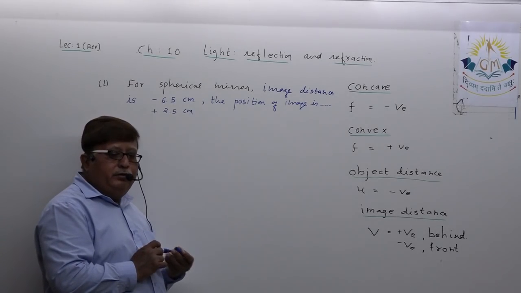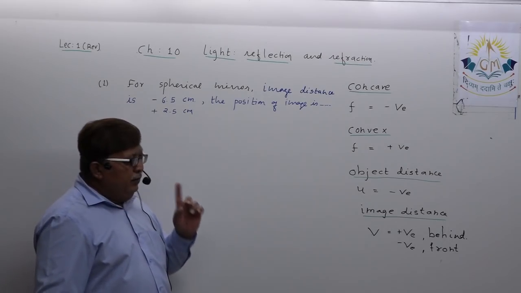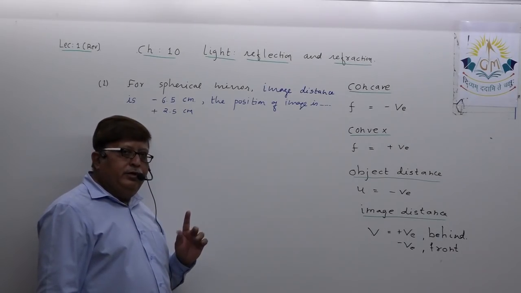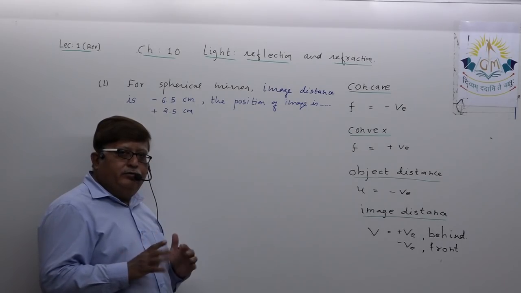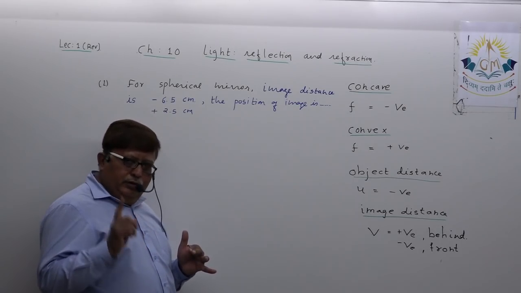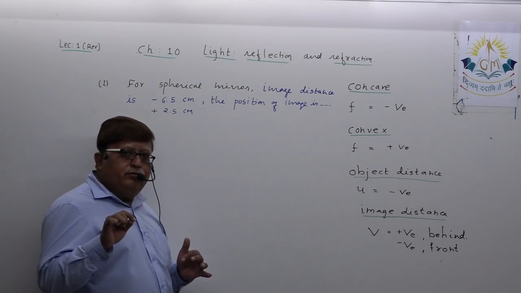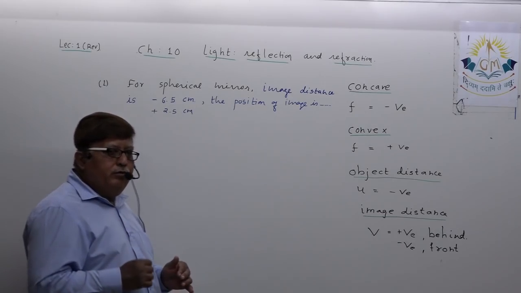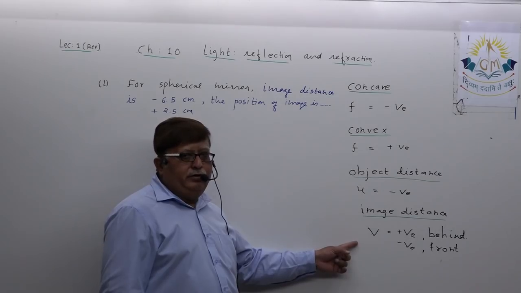So this way, dear student, when you solve any MCQ or numerical, your conceptual basics need to be very strong. You have to be very sure regarding this, because when you solve examples, and we are going to solve a few examples, this is going to be tested.